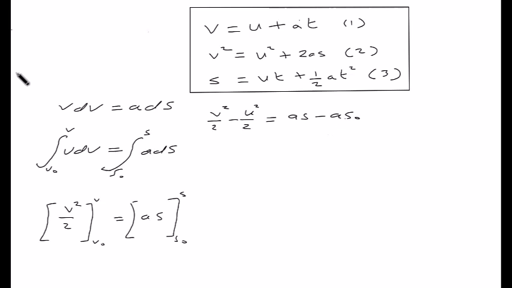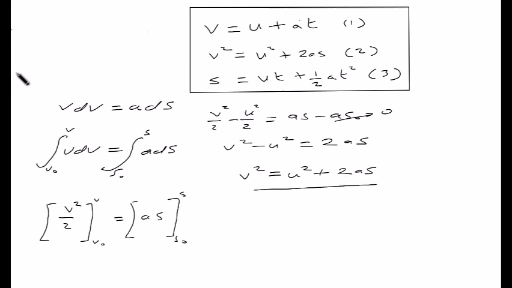But let's assume s0 is 0 just to simplify it, and we take over the 2, so we end up with v squared minus u squared equals 2as, and then take over the u squared term, v squared equals u squared plus 2as, and this is one of our foundational equations for constant acceleration.